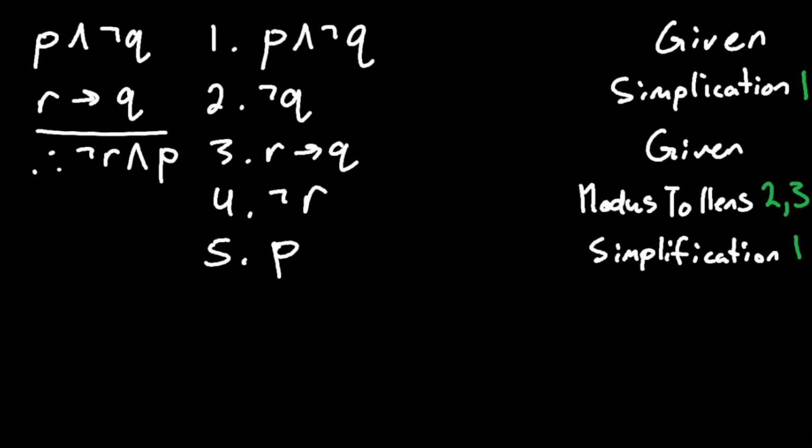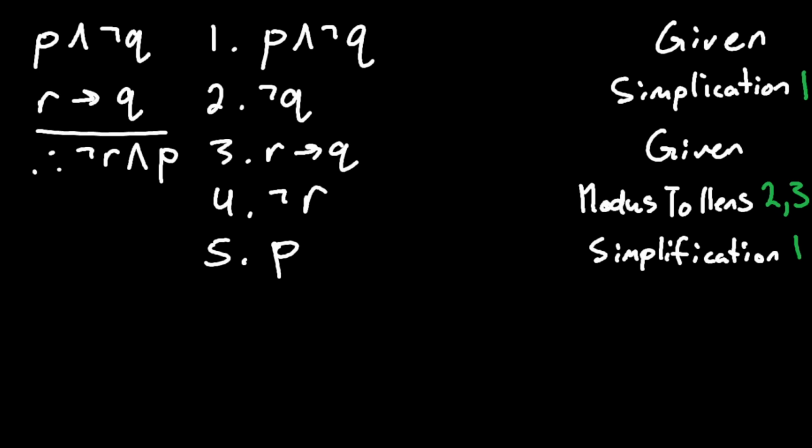So we actually, first we use simplification on line 1 to get not Q. Then we use simplification on line 1 again to get P. Why does this work? I thought that laws of propositional logic removed the previous statements. Remember, your laws of propositional logic, when you were simplifying an equation, they remove everything. Okay, you can't go back a step and then take what you had in the steps before, but for rules of inference, you can.